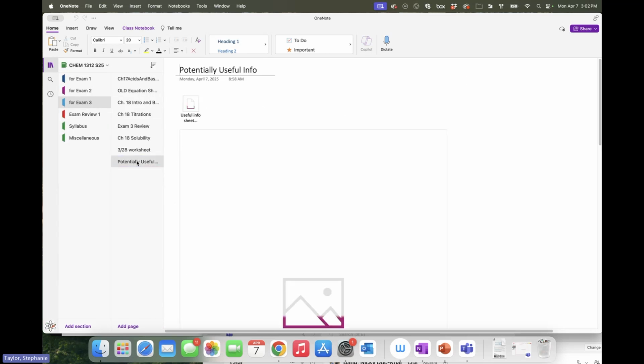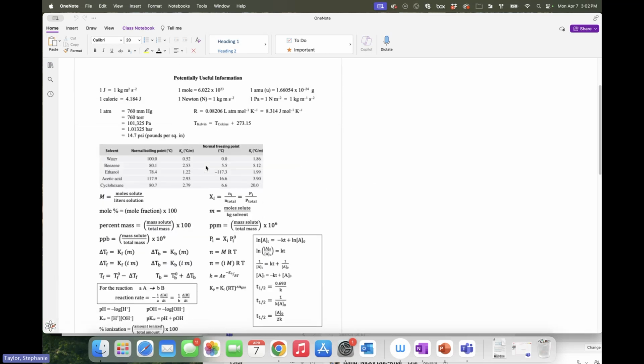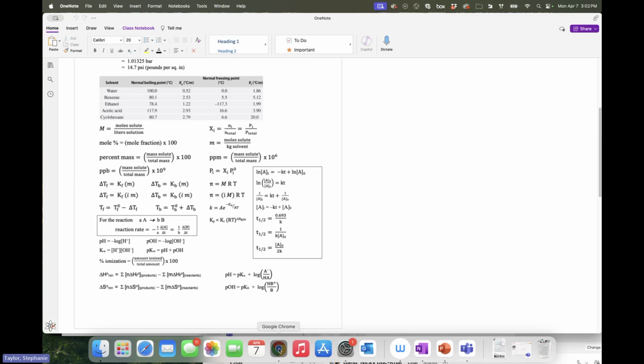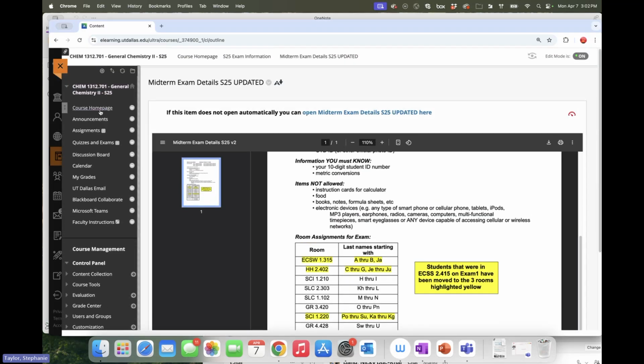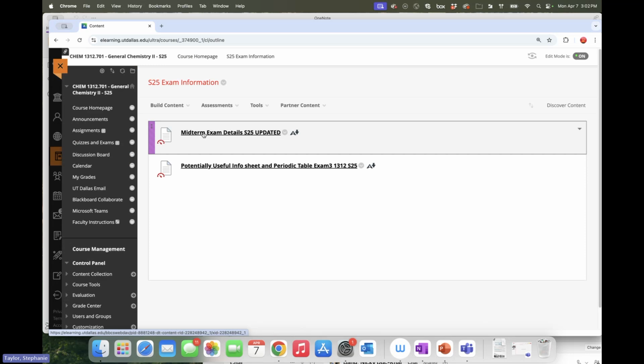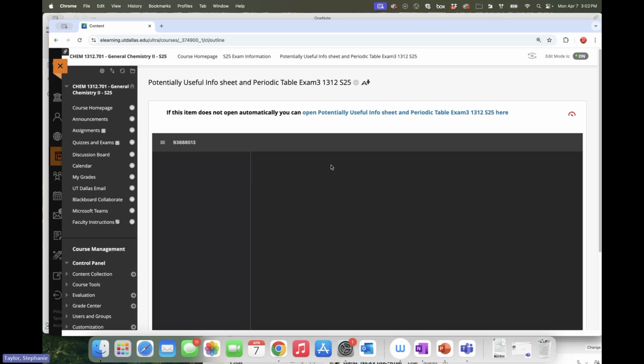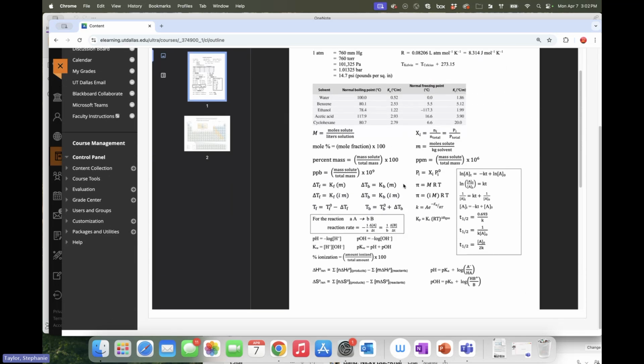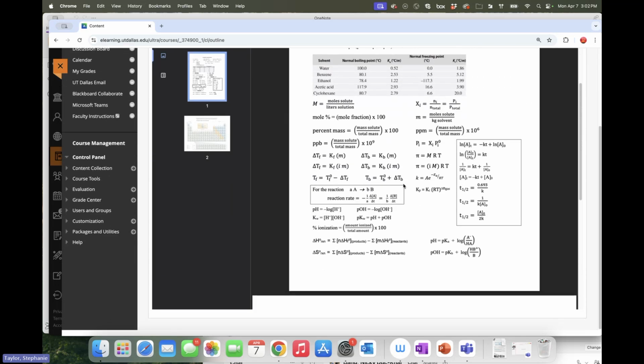Similarly, speaking of things that are posted, hanging out in the 701 section, on the course homepage under the exam information, the potentially useful info sheet and periodic table for exam 3 is posted. So if you were curious as to what equations we were adding, what was going to be different about the equation sheet this time around, that is all up.